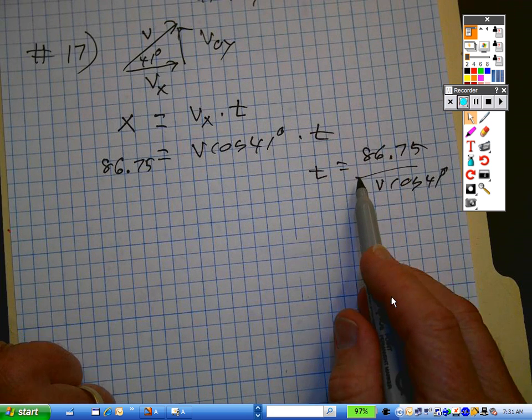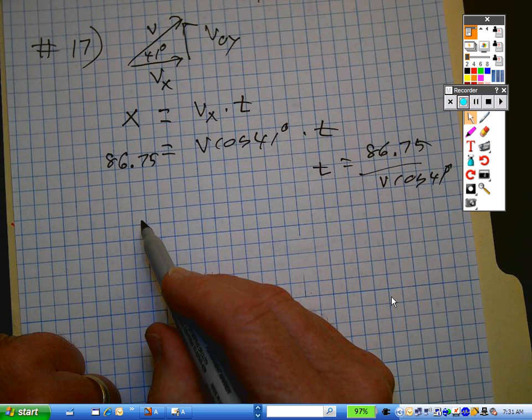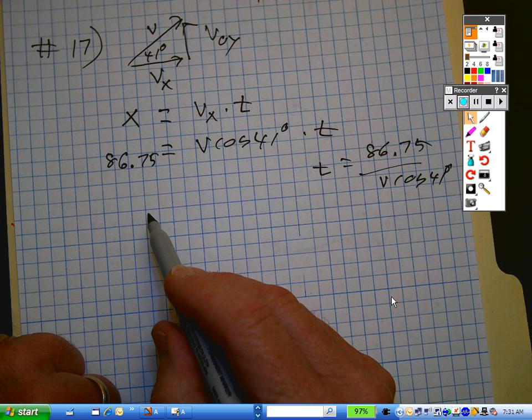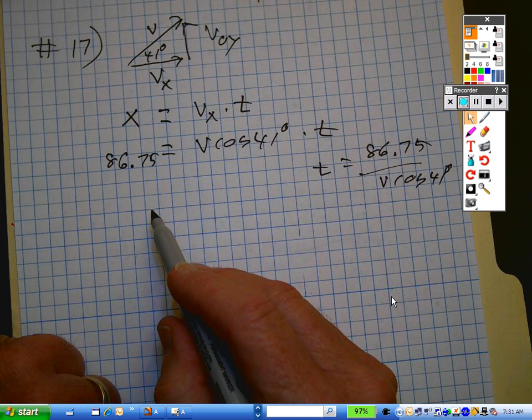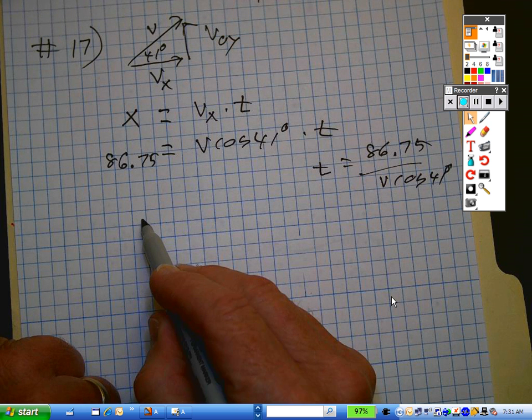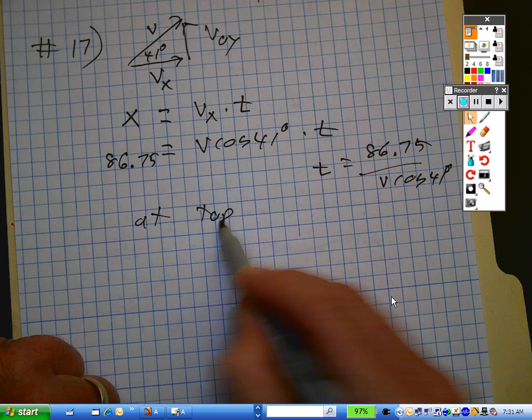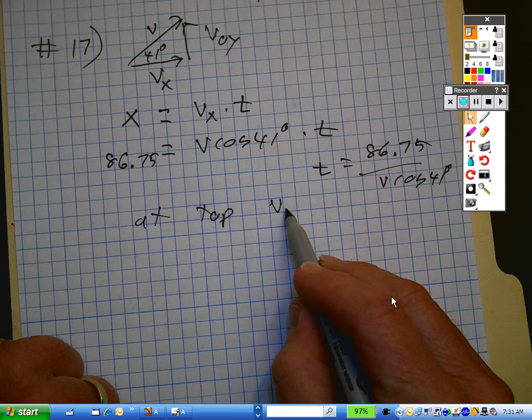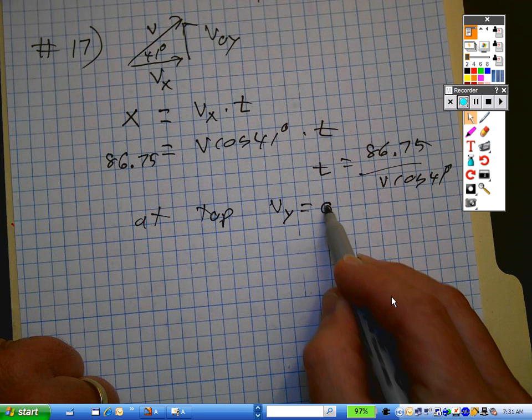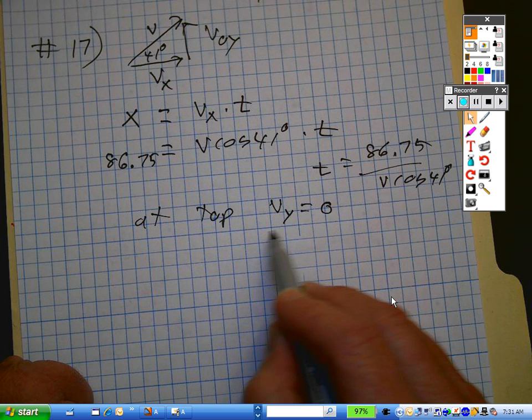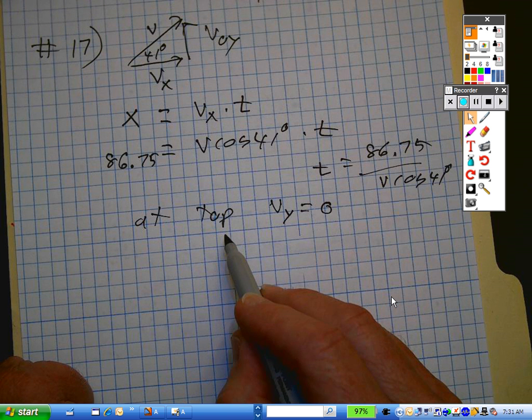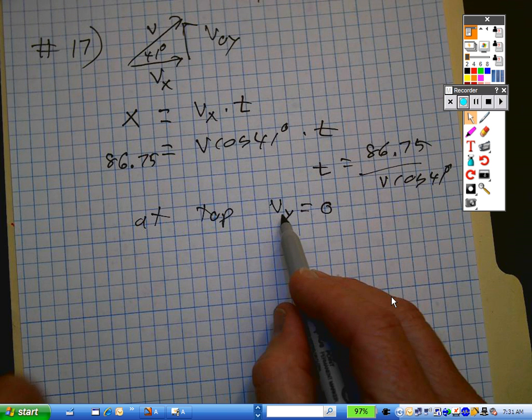What we'd really like is to find the velocity. Well, as this thing goes to the very top of the rise, at the top, the vy equals 0. That's very crucial because when it lands again, it's twice the time to the top.